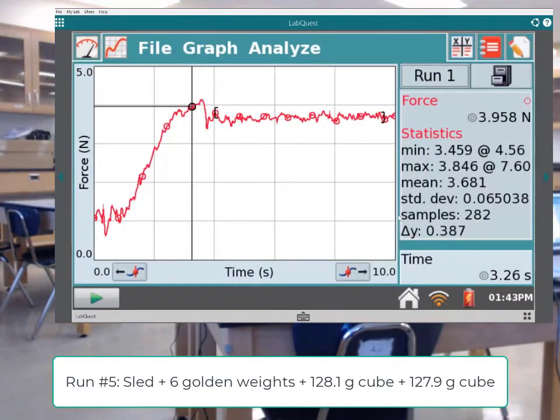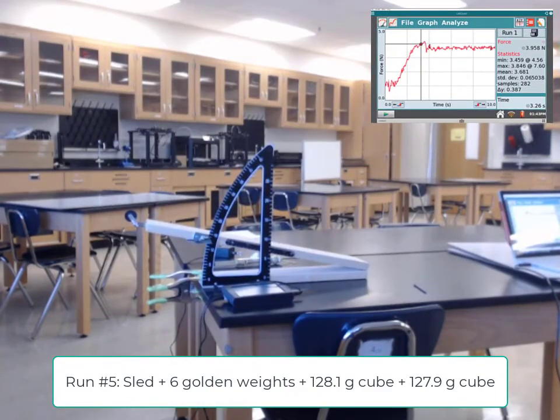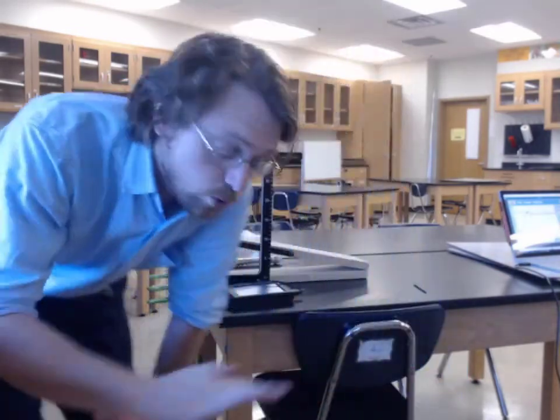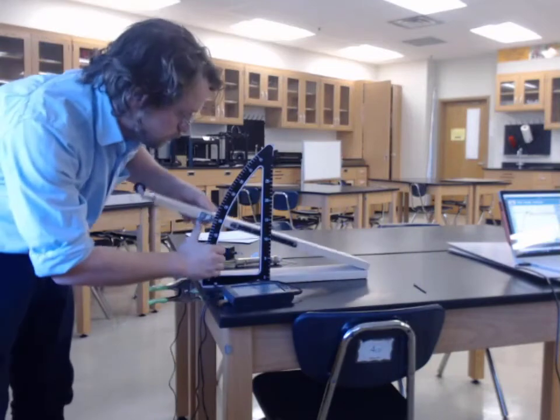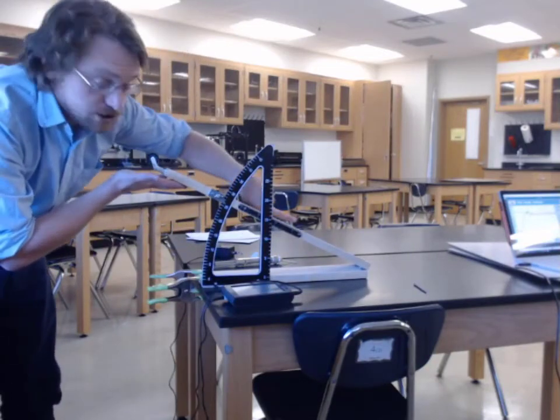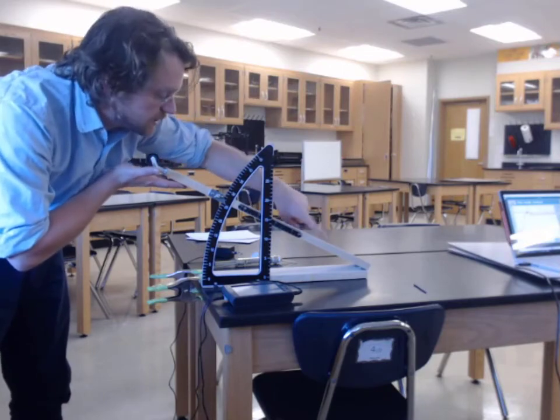We should make a graph again, but a super important thing to remember about this lab is that now, because we're on an incline, the tension force is not the same as the frictional force. That's the way it was before on the horizontal tabletop, because when we're pulling with our tension force this way, friction is indeed in the opposite direction.